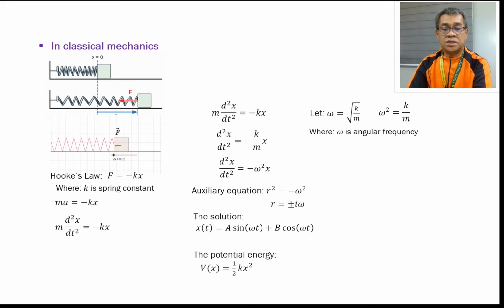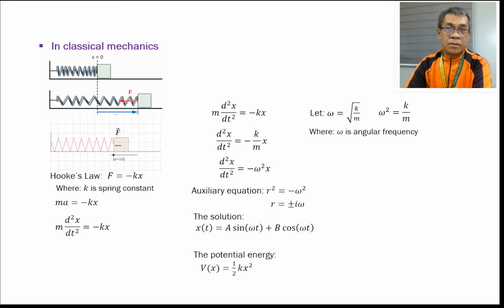Now, take note that the potential energy of a spring is one half kx squared, because remember, the work done by a spring is force times displacement, and the force is kx and the displacement is x. Extending that from 0 to position x, we have one half kx squared. This is actually the area under the force versus position graph.